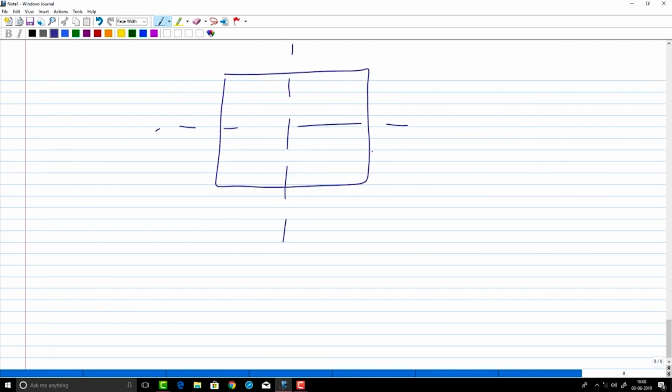Let us look at a puzzle like this. So, the puzzle is as follows. You have a 2 delta cross 2 delta square, and you have to place points inside this square.